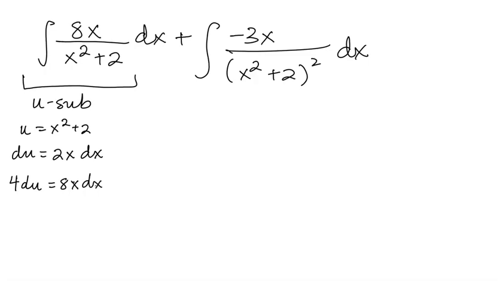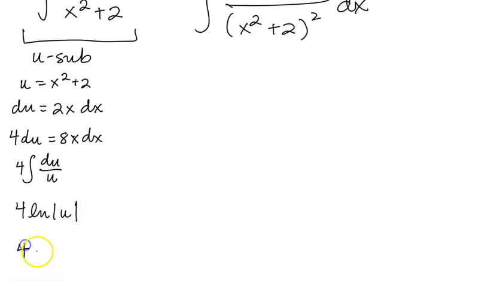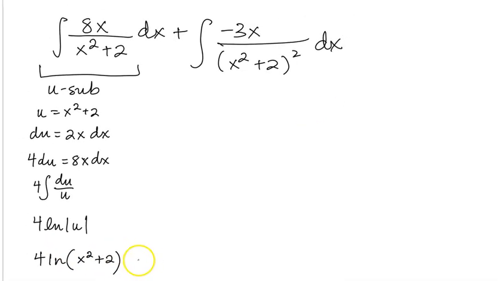So when I do the substitution, I'm actually integrating 4 du over u, which means I would have 4 natural log absolute value of u after I integrate it, which would be 4 absolute value of x squared plus 2. Absolute value isn't actually necessary there. X squared plus 2 is never less than 0, so it's fine to write that with just parentheses.